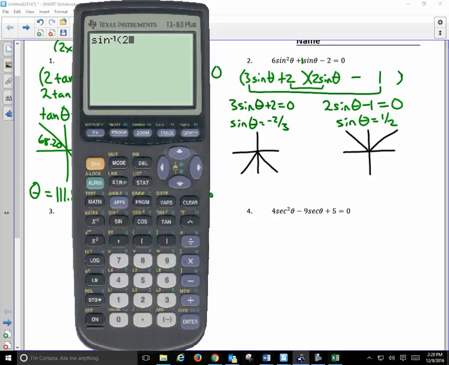Sine inverse 2/3, I get 41.81. Sine inverse 1/2, and I get 30. So, what do I do to find my first angle?